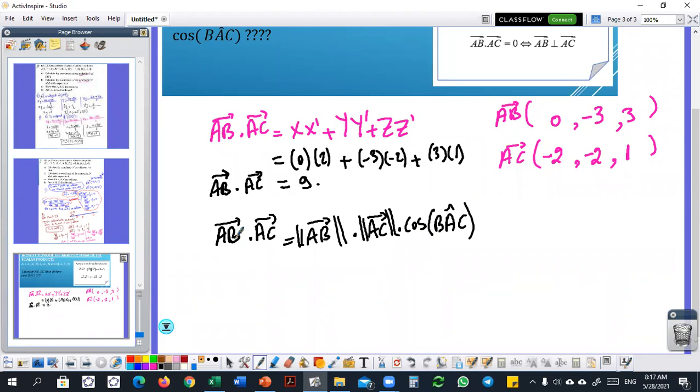Am I clear؟ طيب. We know the value of this is 9, right?